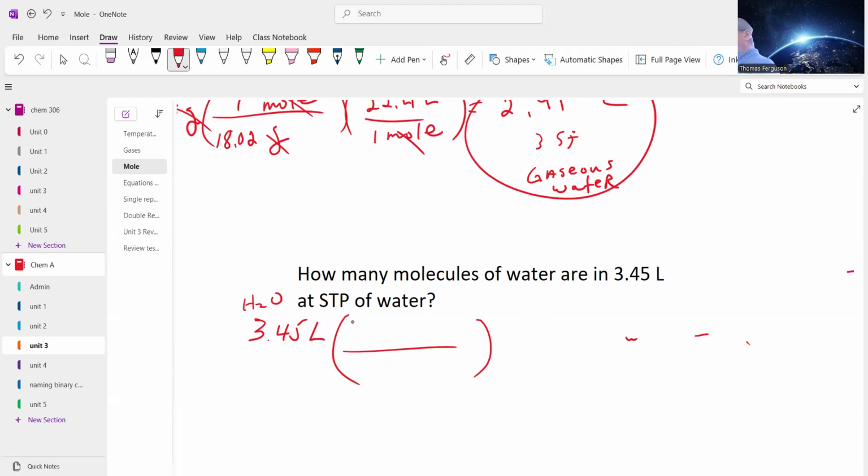We want to go to molecules. So what's going to be our intermediate step again? Moles. We're going liters to moles. That's 22.4.